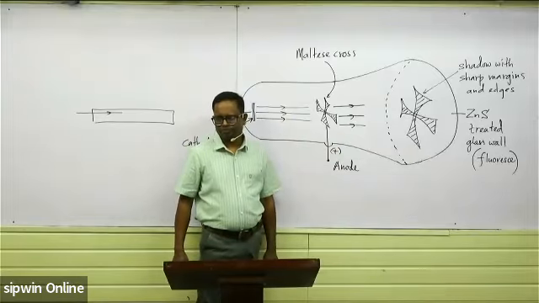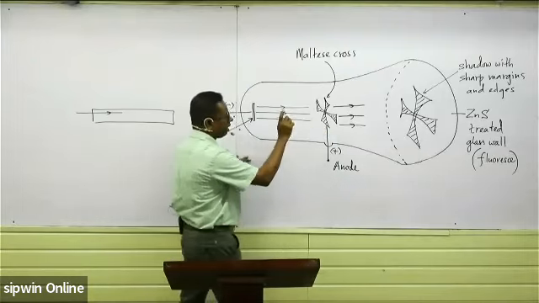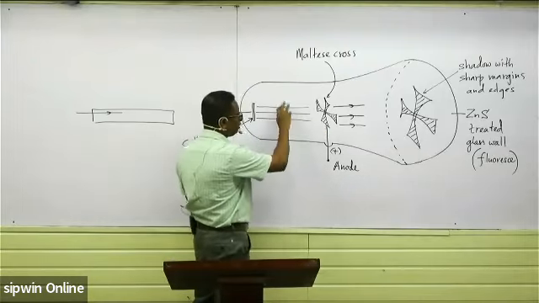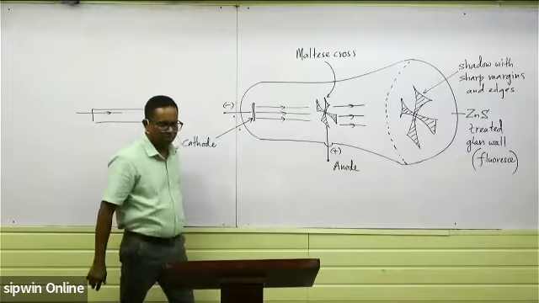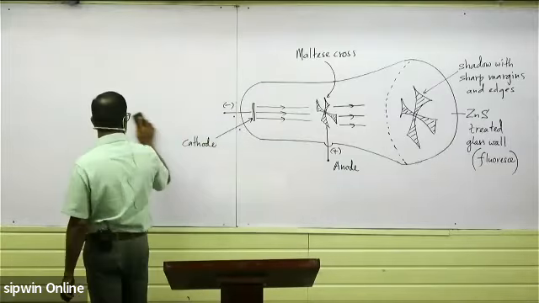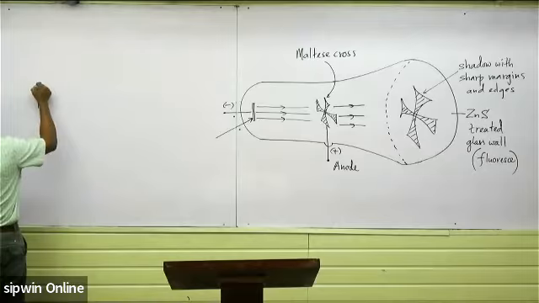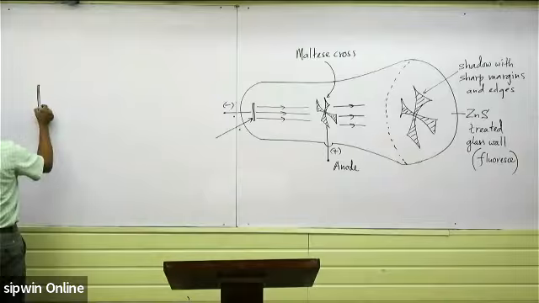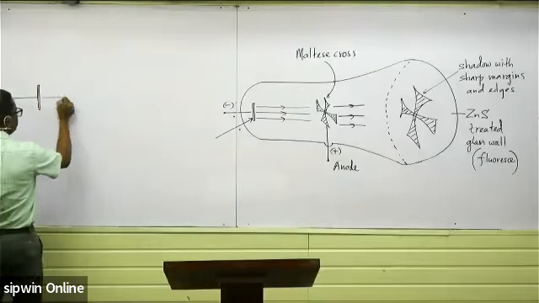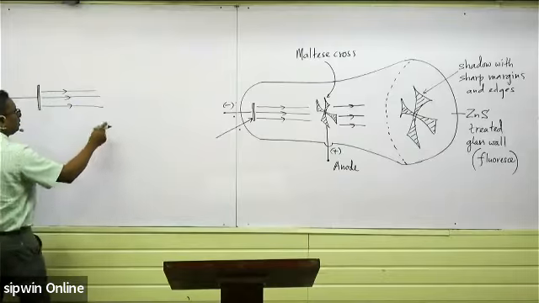Want to check it. For that, what he did, he placed a wheel in between the cathode and the anode. We call that a paddle wheel. The cathode is here inside the cathode ray tube, and the cathode rays move in one direction towards the anode.